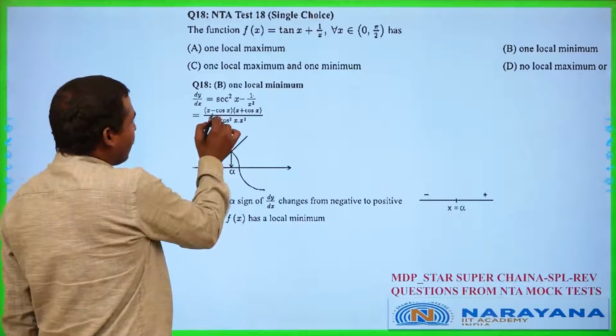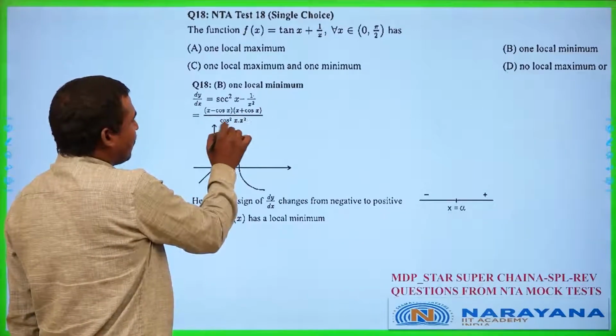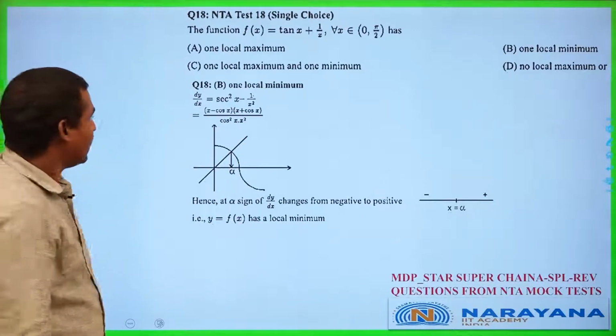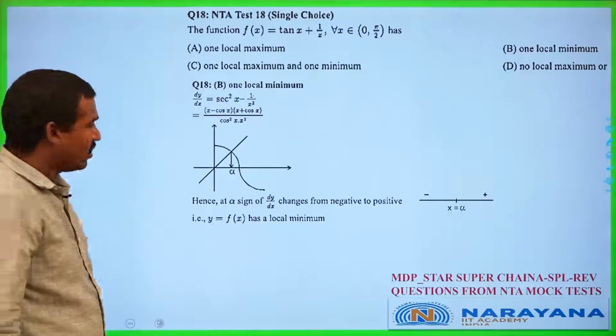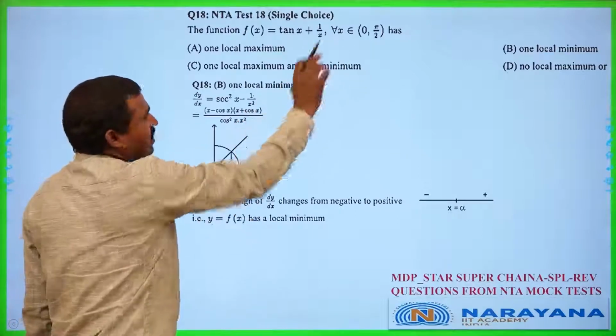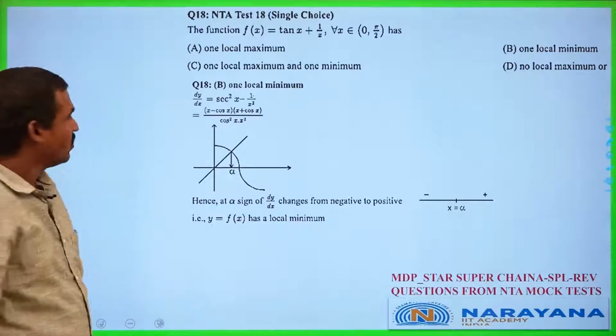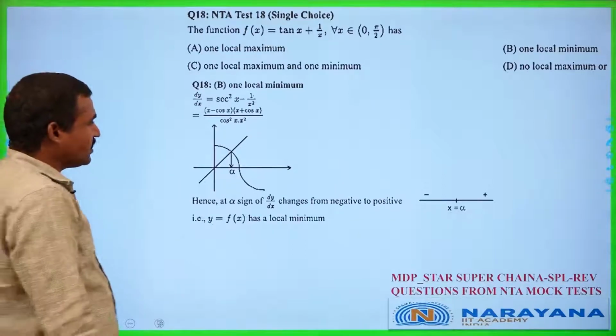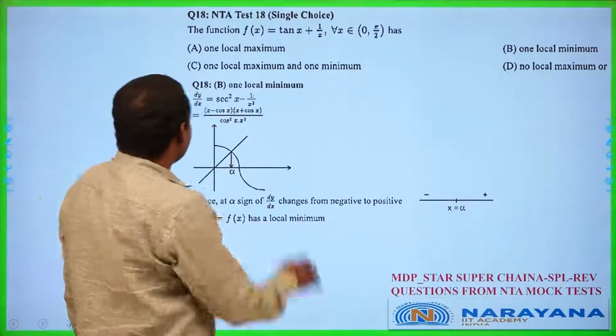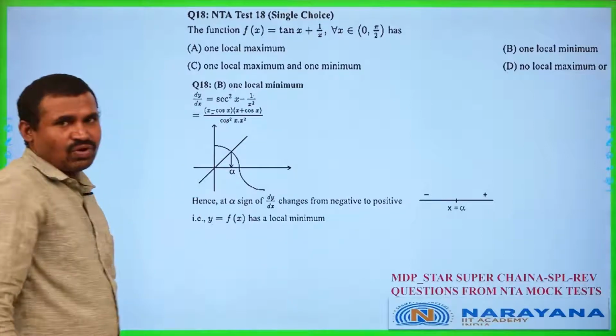So, if you take the LCM, it is x minus cos x into x plus cos x by cos square x into x square. Since x plus cos x in this domain is positive, and cos square x into x square is also positive in the domain, x minus cos x should be equal to 0, that is the only case.